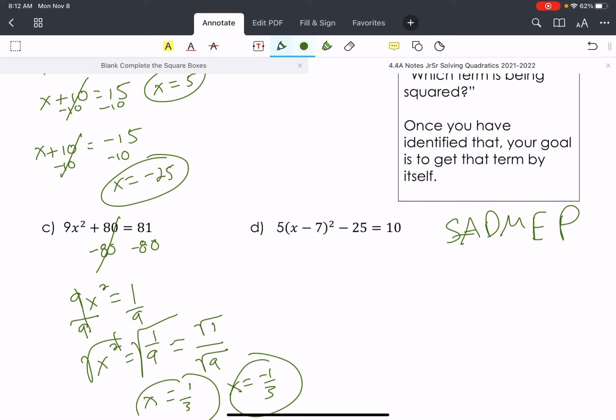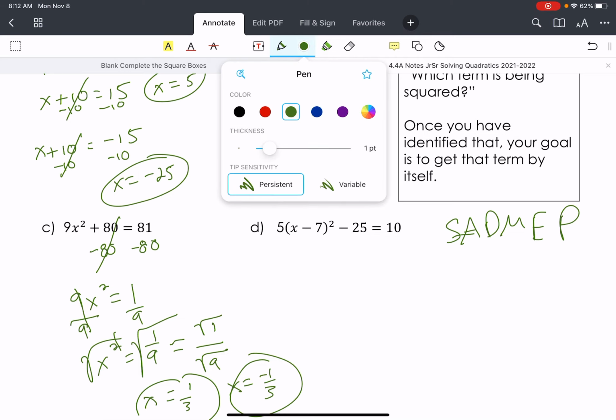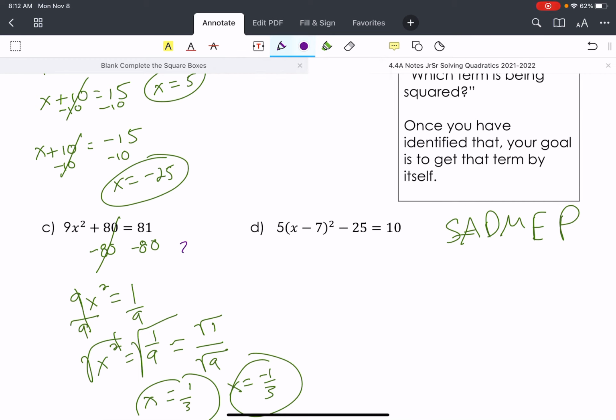How come it's not 3x equals the square root of 1? Oh, you can do that. Think of it like that. So if you do 3x equals the square root of 1, what is the square root of 1? Yeah, that simplifies like square root of 4 does. So the square root of 1 is 1 and negative 1.